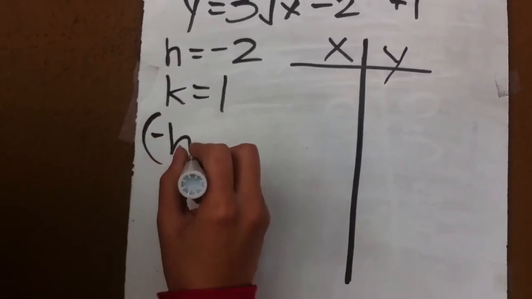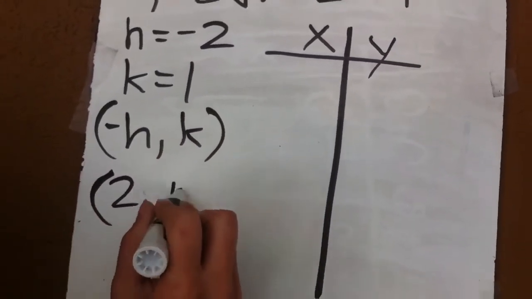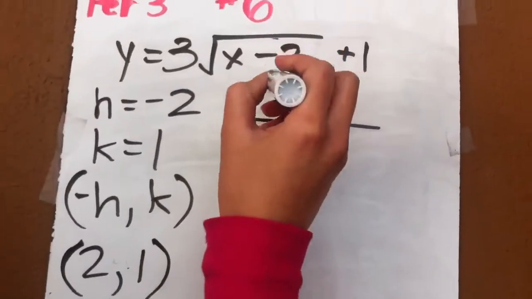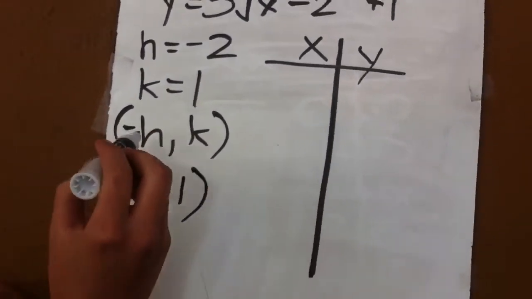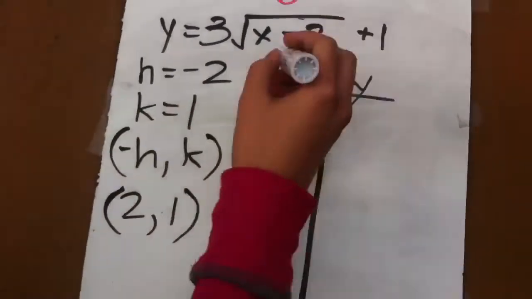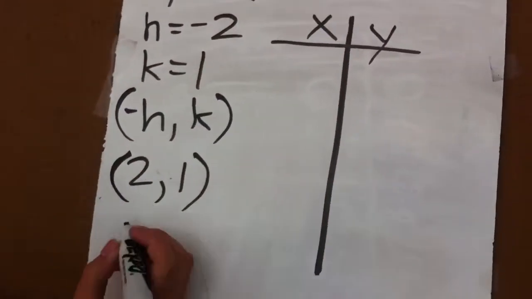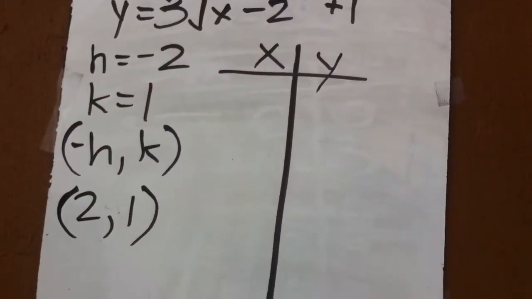And the vertex would be negative h, k. So the vertex right here would be 2, 1. Because this 2 is negative, and there's already a negative built into the h, those two negatives make a positive, so that's why 2 is positive.